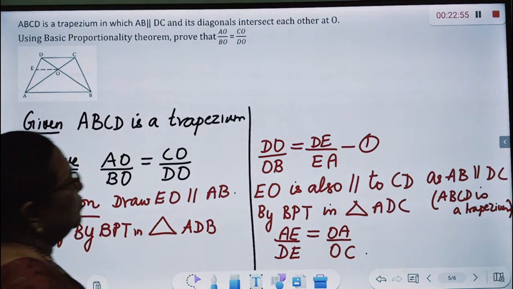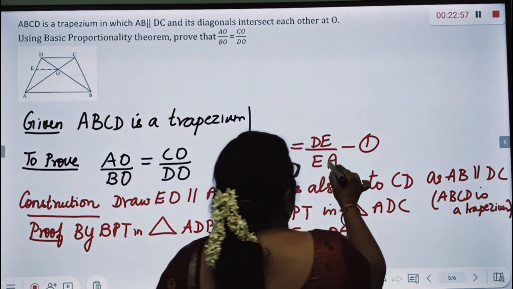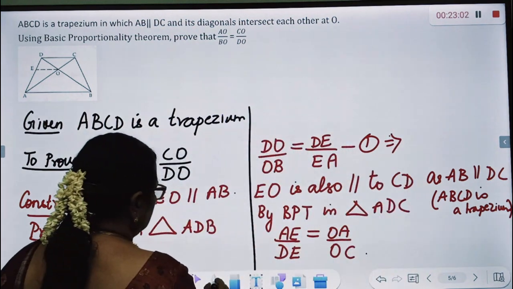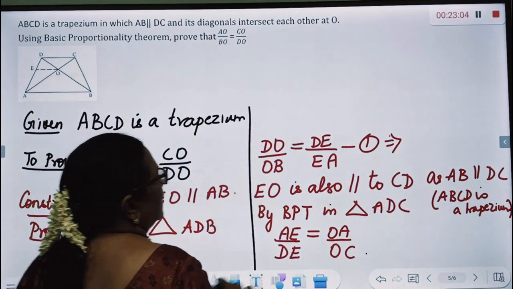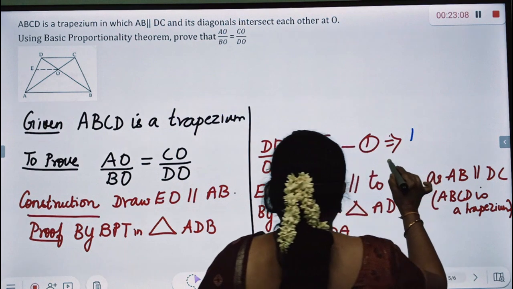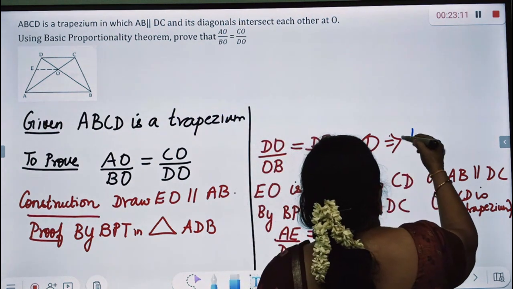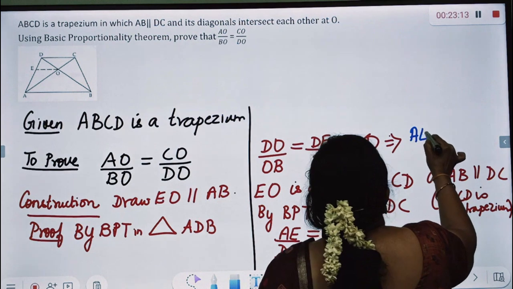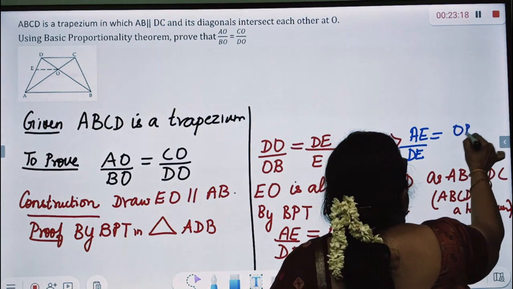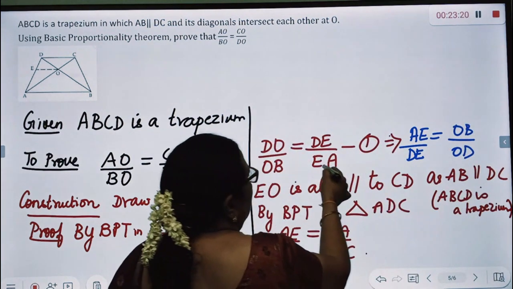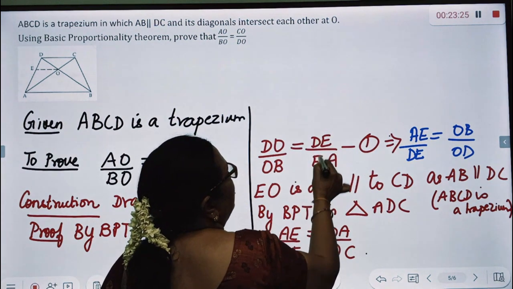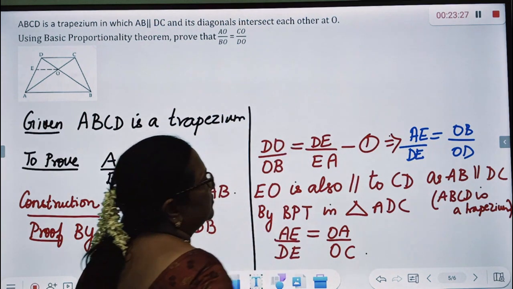Now, look at one. This is DE by EA. So I can rewrite this as DE by EA is the same as DE by AE. I can invert it and write AE by DE is equal to OB by OD. I just inverted the ratios. EA is AE. AE by DE is same as OB by OD.